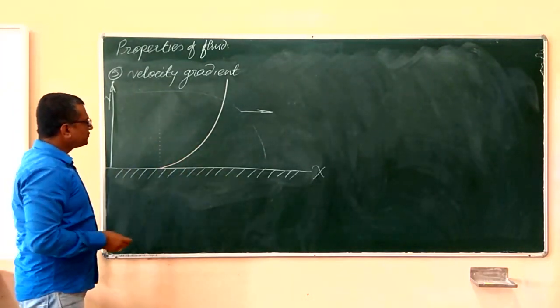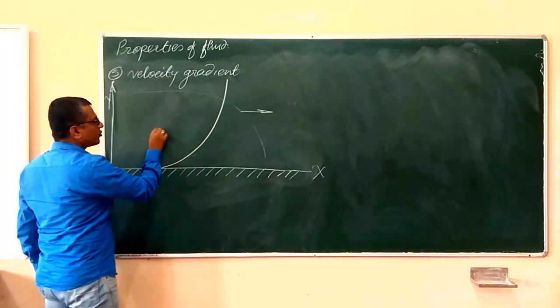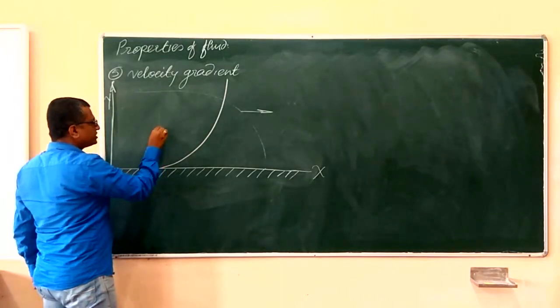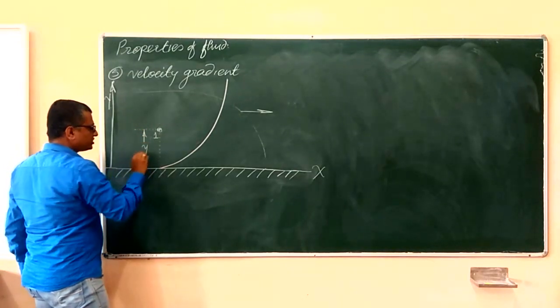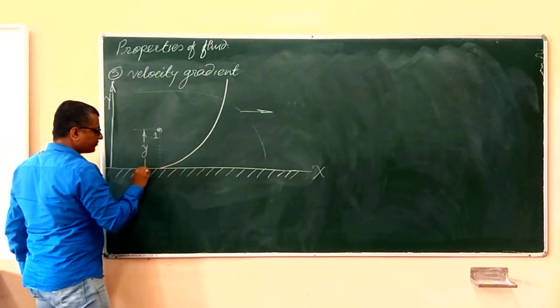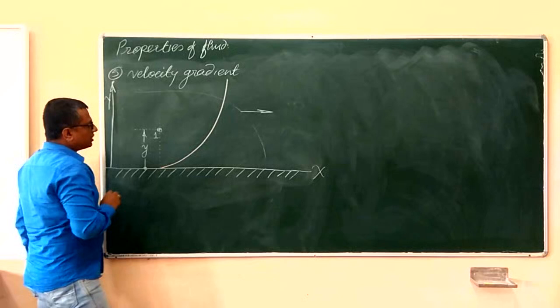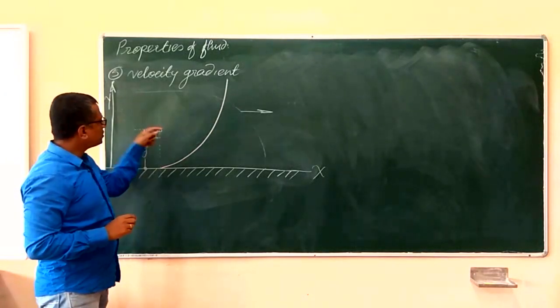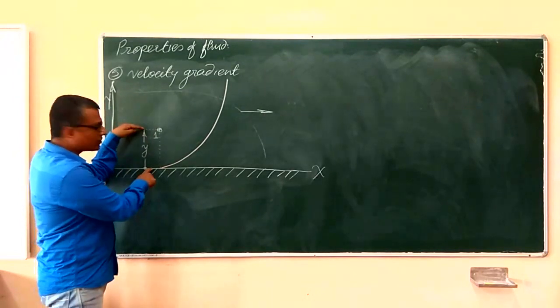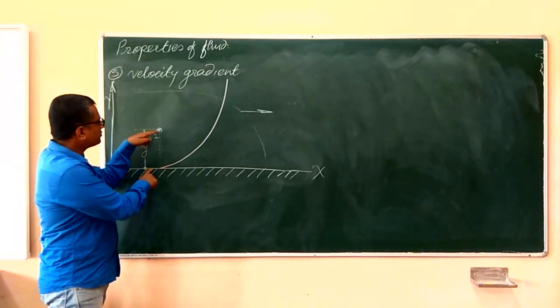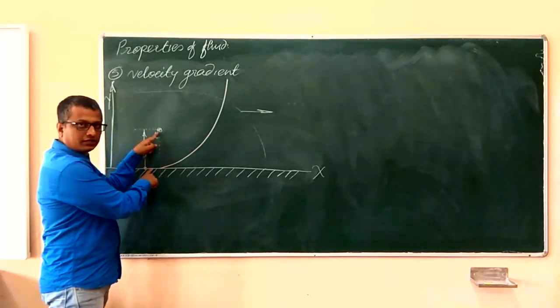If I take any arbitrary point, say point number 1 over here, which is at a distance of y from the solid surface, and if I check how much is the velocity of this fluid particle at this height y from the solid surface, I have named that layer as 1.